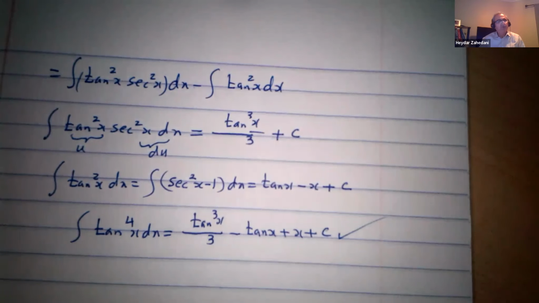You see, if you go to the tangent to the fifth, it would be reduced to the tangent cube, then you have to do the tangent cube. You cannot do it right away. We call it a reduction formula. So this means it's going to be done in two steps, if you like, not just one step.